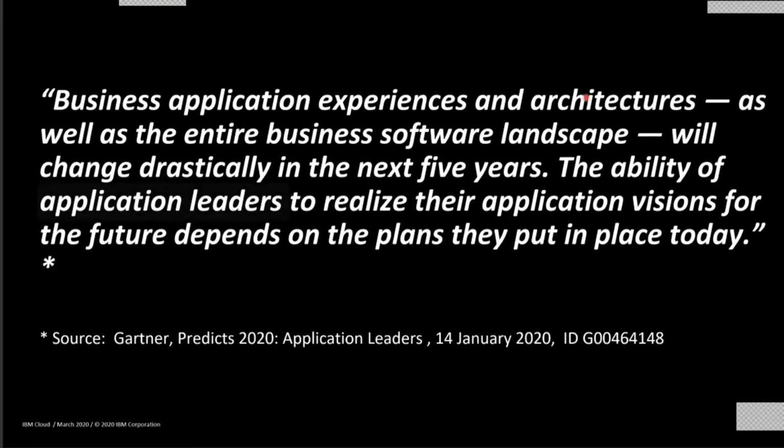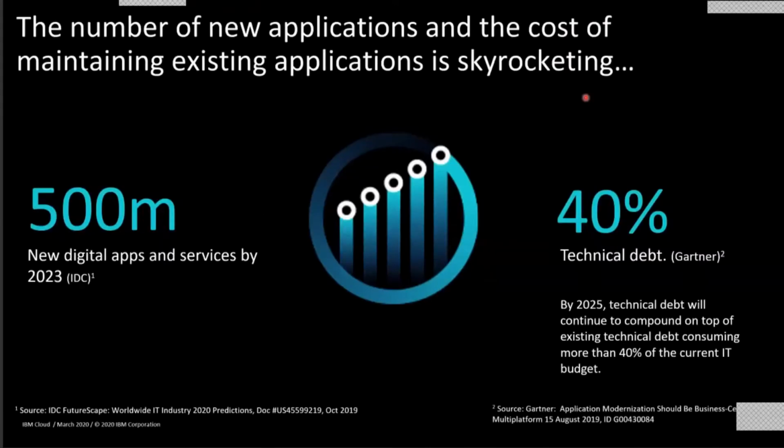So the ability of application leaders, and this is a new term for me, but it can include CIOs, COOs, your lead architects, your decision makers, your forward thinkers, your thought leaders in your organization, to realize their application visions for the future depends on the plans they put in place today. And they're popping up with some interesting figures out there.